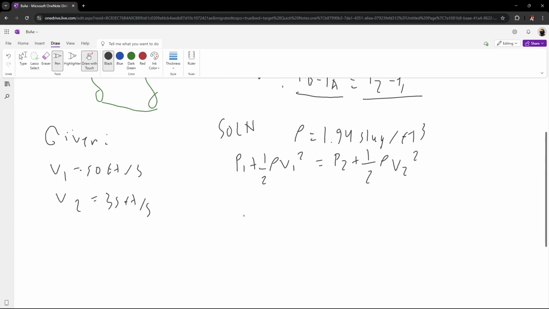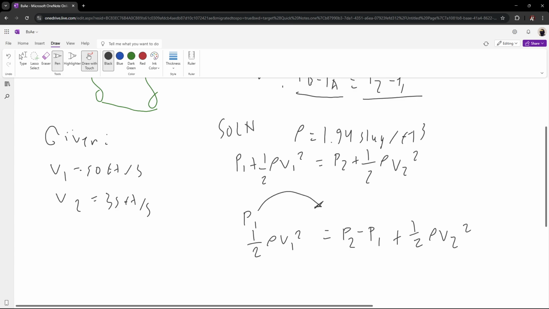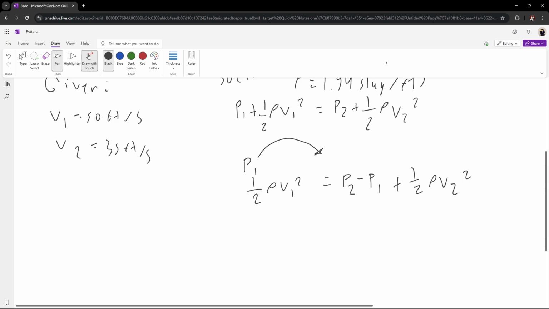Well, simply use algebra. P1, transpose it to the other side, it will be negative, so we are left with 1/2 rho V1 squared is equal to P2 minus P1 plus 1/2 rho V2 squared. Now, like the other question, simply transpose the V2 squared.